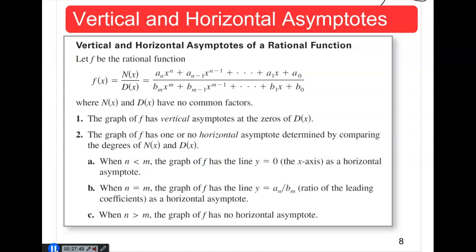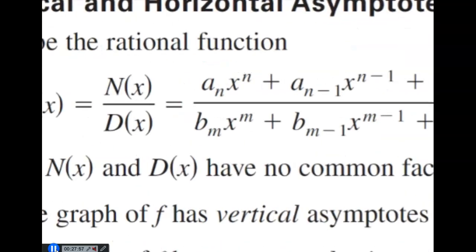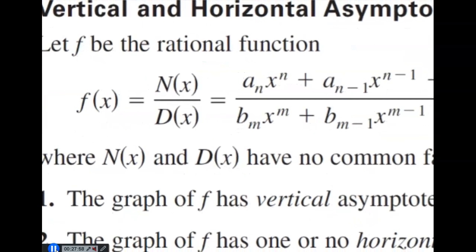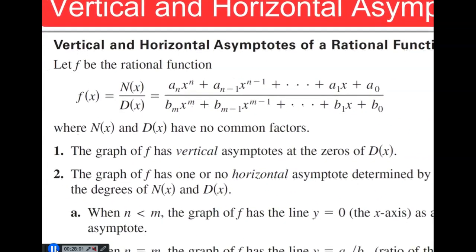So we're going to use the letter n right here. Remember, this is the definition of the polynomial. We saw that since section 2.1, I believe. So right here we have the leading term.